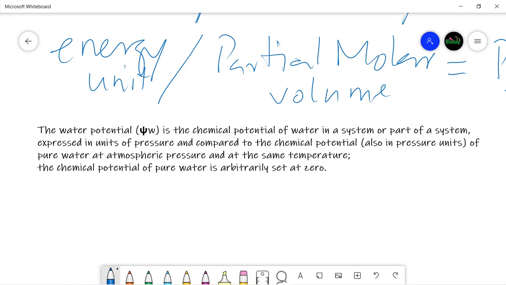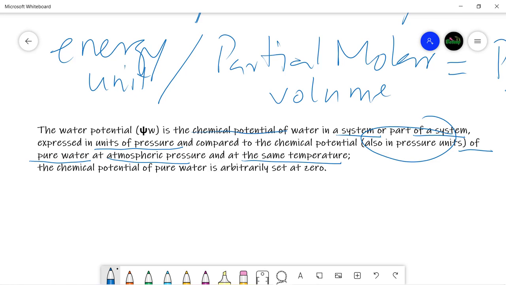Here is the conventional definition or technical definition of water potential. So what is water potential? It is the chemical potential of water in a system, or if it is a part of a system. It is expressed in units of pressure, and then we compare it to the chemical potential, also in pressure units, of pure water, and we do it at atmospheric pressure and at the same temperature.